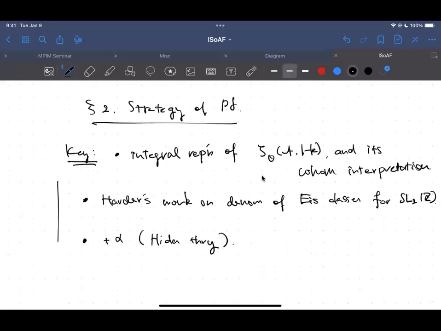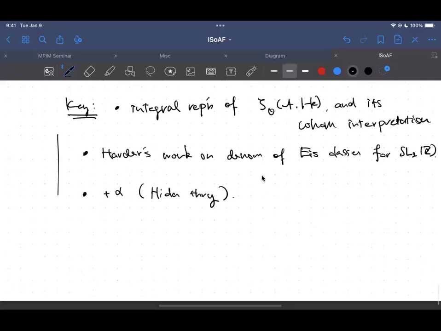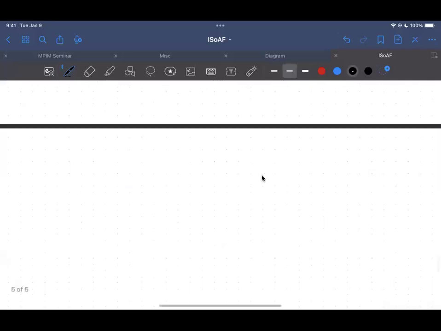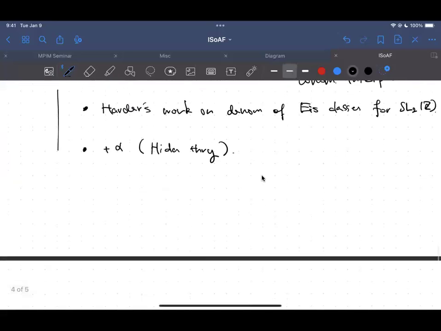And so these are the main ingredients in the following proof, and I would like to explain each of these things. So I will start with this integral representation. And I would like to start with this Eisenstein series.